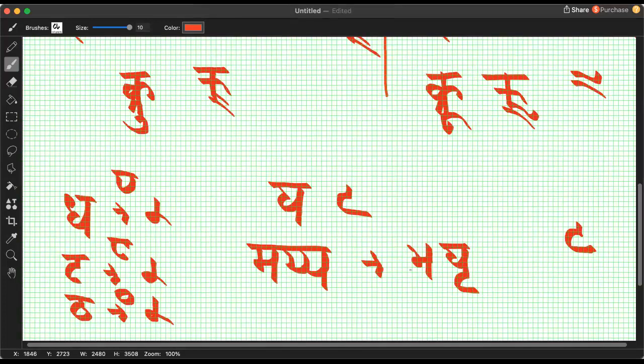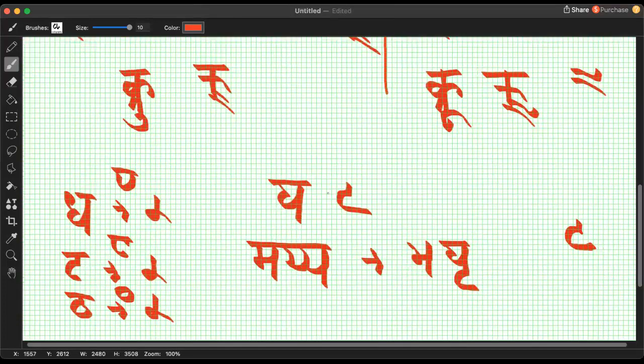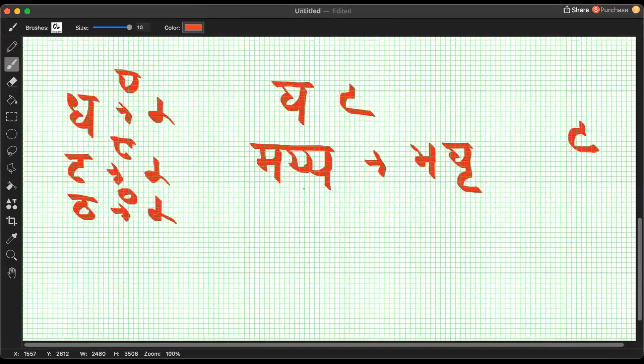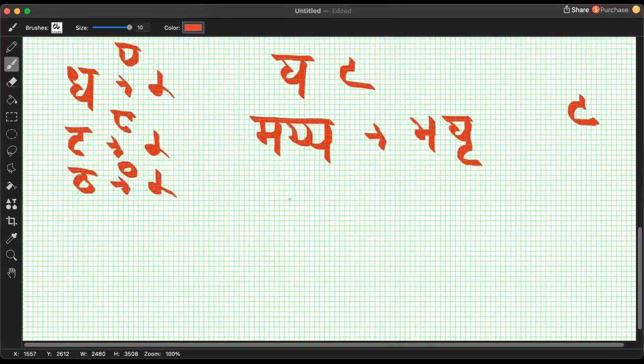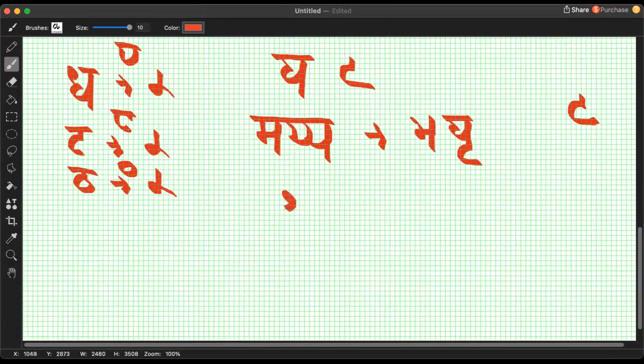Okay, and similarly, if you're writing th, this th also has a special rule for conjunct. So how does that look? First, I'll draw a small line. Okay, and then like this.